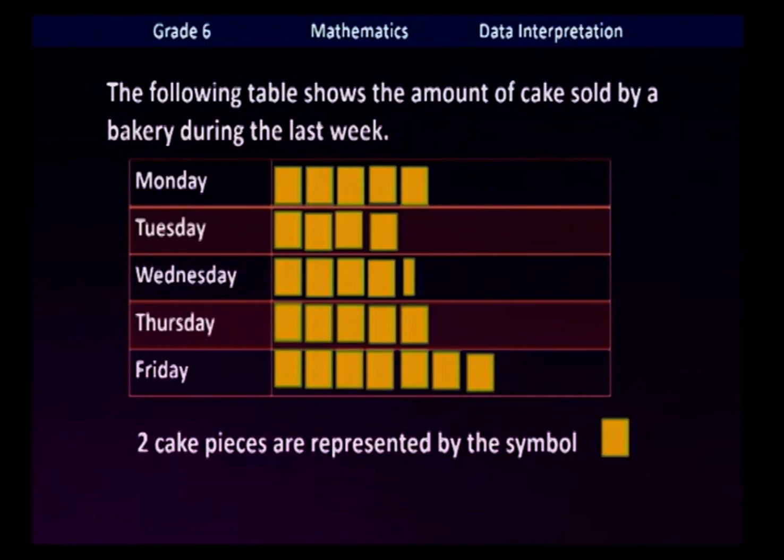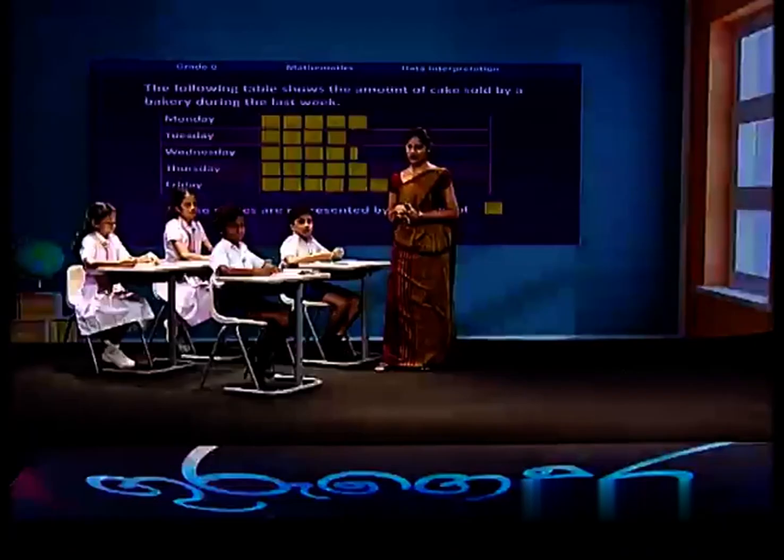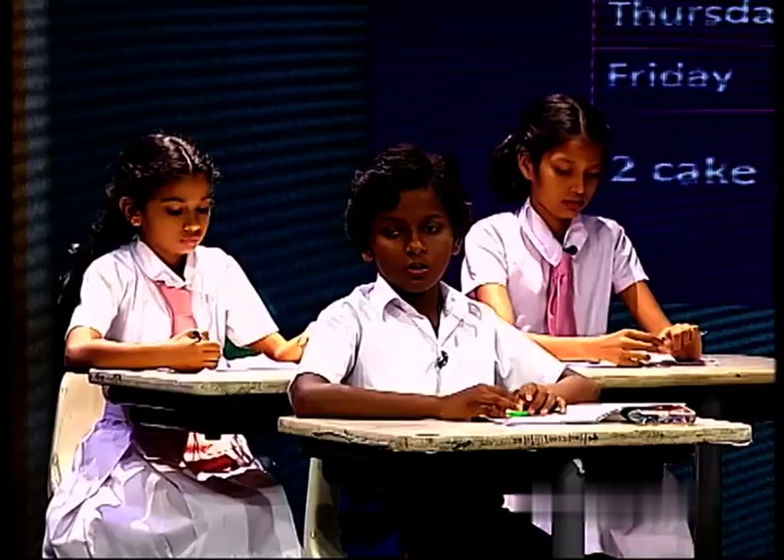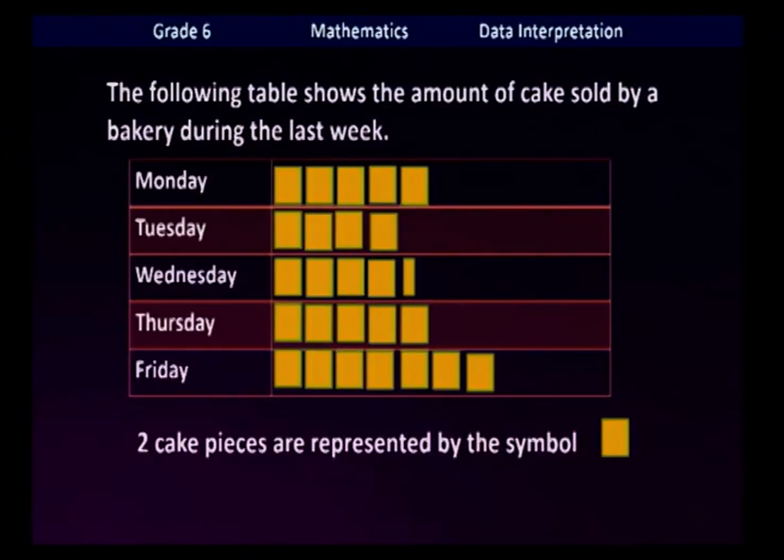Okay, then this is a nice question. I am going to get you to make questions. Using this picture graph, tell me a question. Nisika, what can you tell? Please ask a question. When they sold the highest amount of pieces of cake.